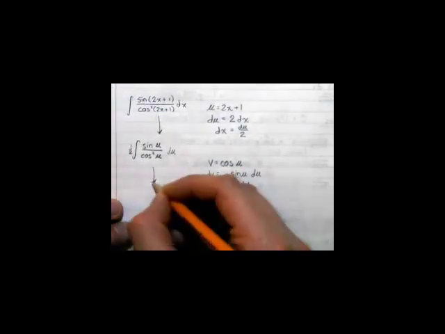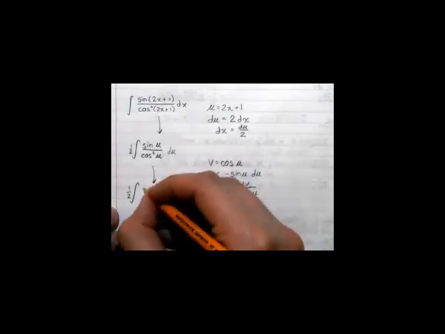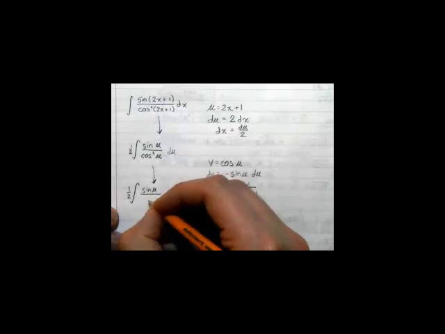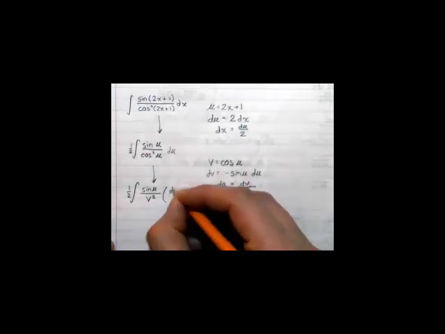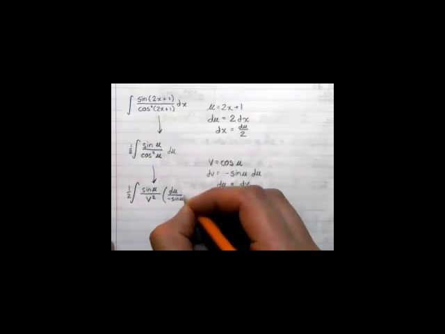So then this is going to become 1/2. The integral sine u is still there, but I substituted cosine with a v, so this is going to be v squared on the bottom there then. And my u is all this stuff. So du over negative sine u.